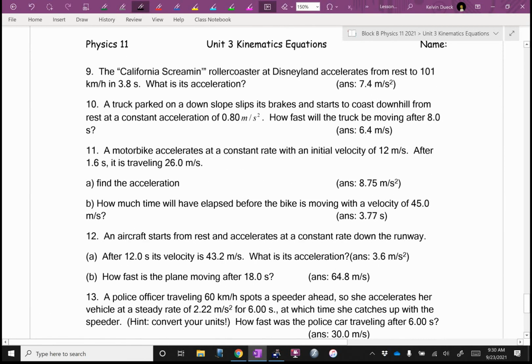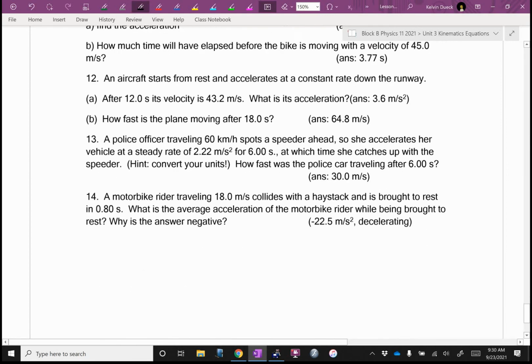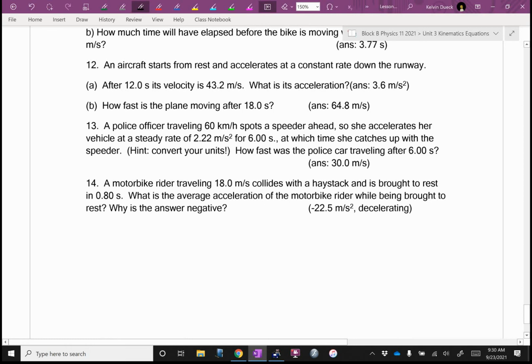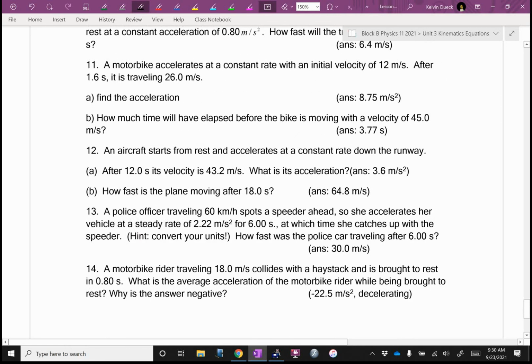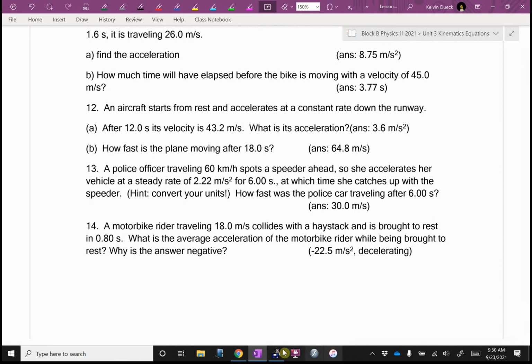Anybody been on California Screaming, or now what's called the Incredicoaster? Number 9, the numbers are accurate. I looked them up. So in case you're wondering what you're accelerating when it launches you, because it's a pretty good acceleration. I think you can try these on a separate piece of paper. Let me pause for a second.